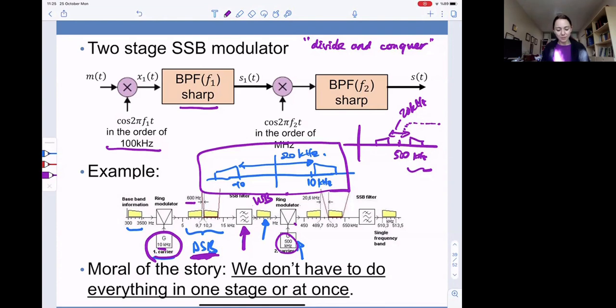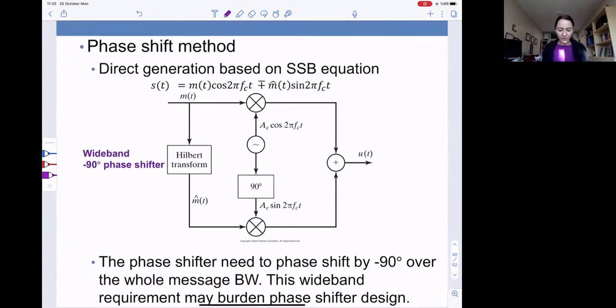That may not have meant much to those of you who have not studied digital signal processing yet, although most of you are taking it. Anyway, enough about this, I think.